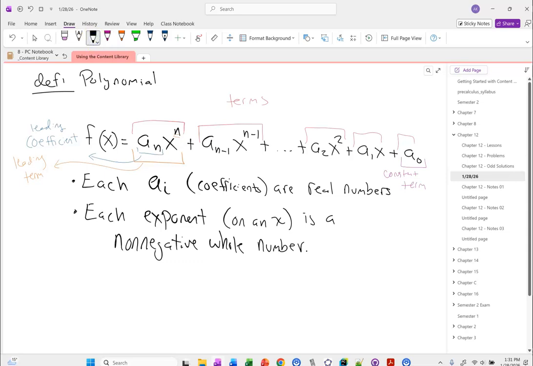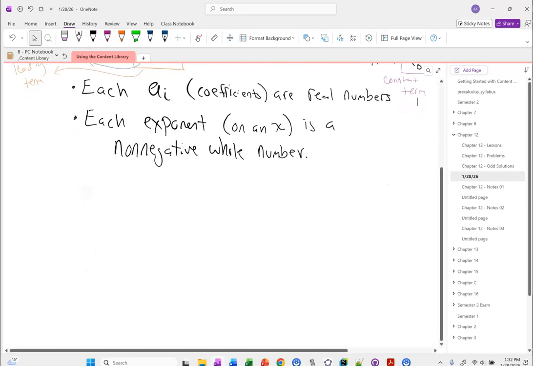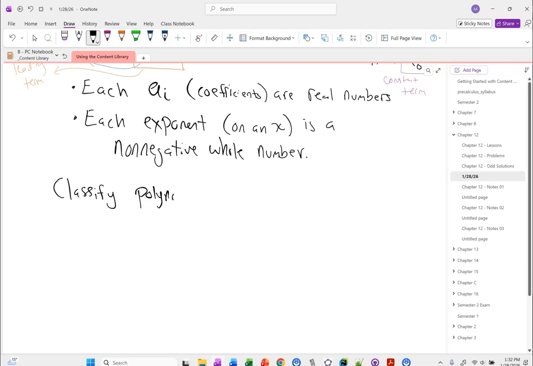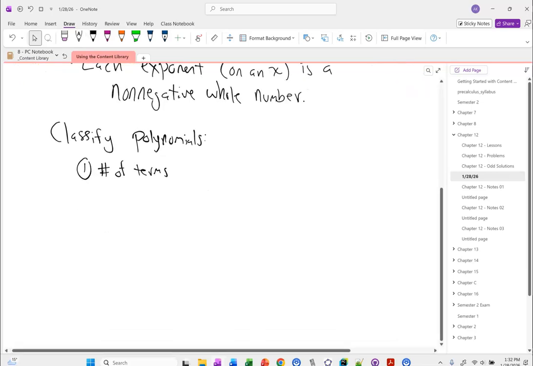When we talk about polynomials, typically we want to be able to classify them. There are typically two descriptors we use to classify polynomials. The first way is by the number of terms.